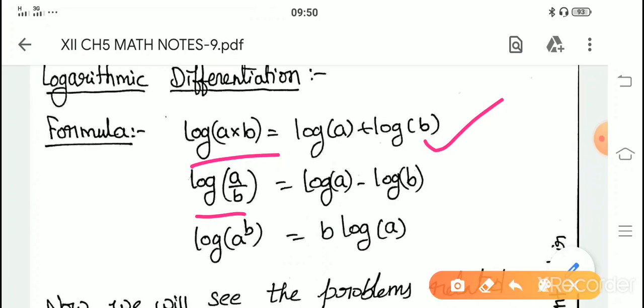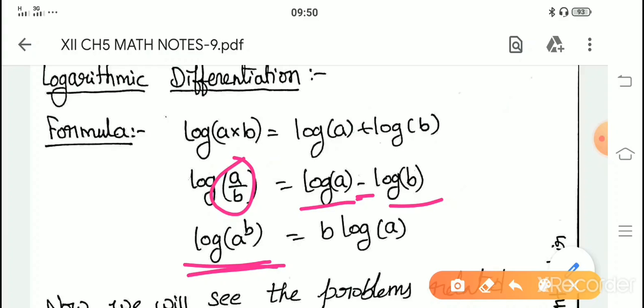When it is log a by b, you can write it as log a minus log b. That means in logarithms, multiplication changes to addition, log a plus log b, and division changes to subtraction, log a minus log b. When it is an exponent, log a power b, you can write it as b log a.